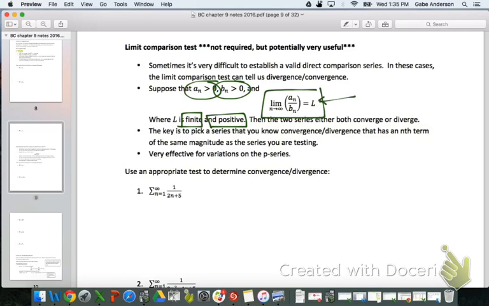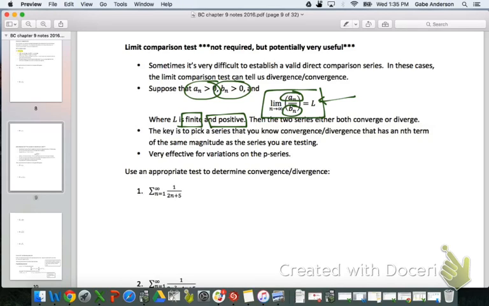They either both converge or both diverge. So if we know whether maybe the a sub n or the b sub n converges or diverges, then we can say that the other one follows suit. It behaves in the same way.